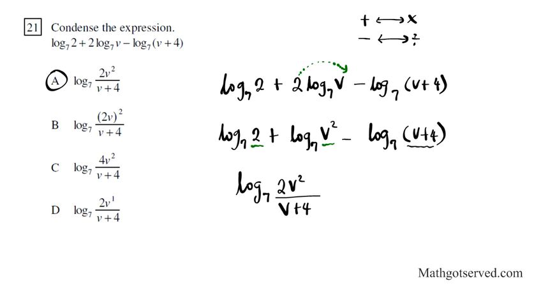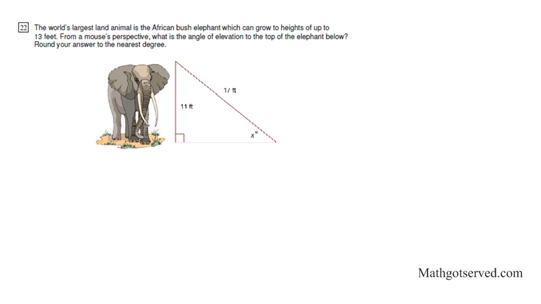Alright, moving along. Number 22. We're supposed to find the angle of elevation to the largest animal, and this is x. So we're going to be using SOHCAHTOA. The question is, which of them is applicable to this situation?